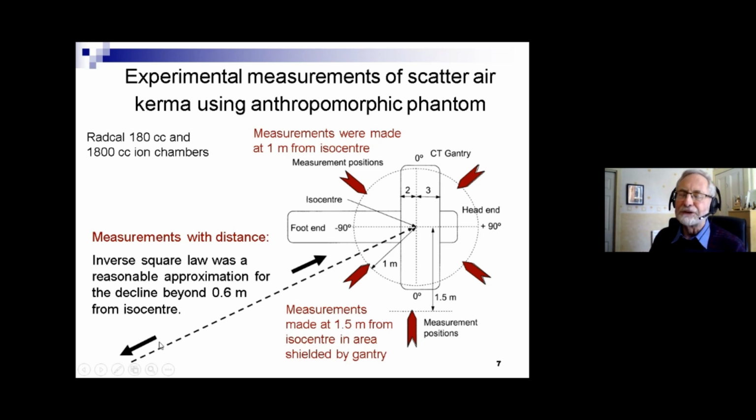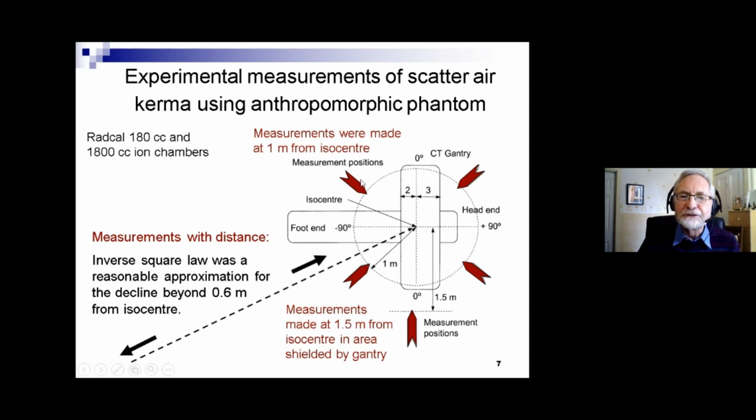If the inverse square law could be applied, then that would allow us to derive a full contour plot just from these sets of measurements. And we found that the inverse square law was a reasonable approximation for the decline in scatter from CT beyond about 0.6 meters from the isocenter, which suited us.